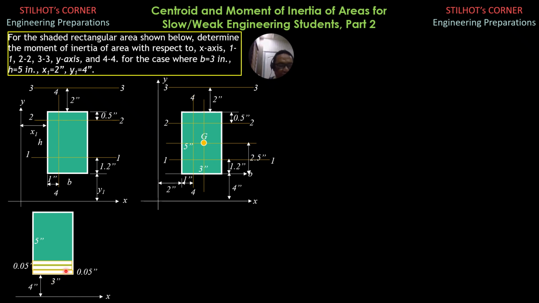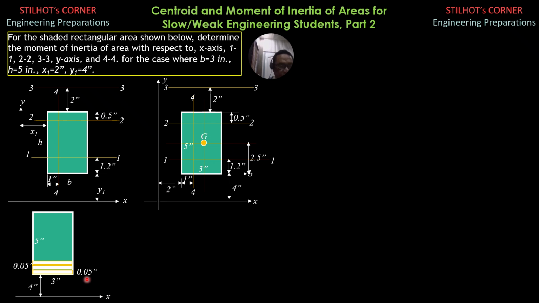The moment of inertia of this strip or squeezed area is always 3 times 0.05 cubed over 12. Use 0.05 as thickness because that's very small. You can use 0.01 inch if you want, 0.02, 0.03, as long as it is up to 0.05. I think 0.06 can also be used.